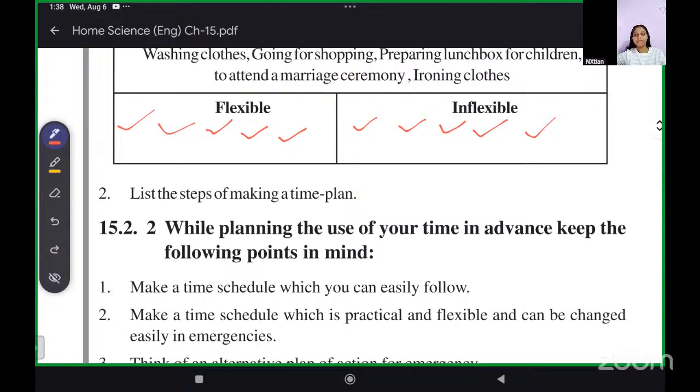List down the activities according to the time. Then following it. Following it is the last step.